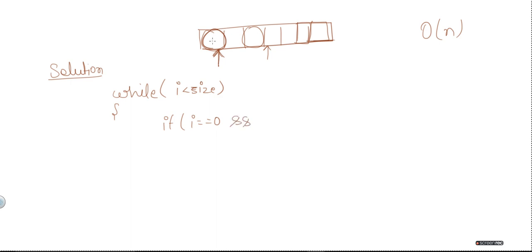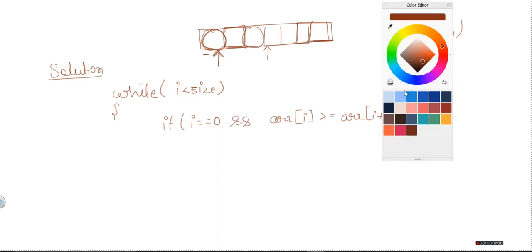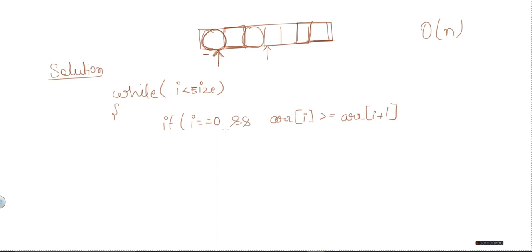I need to check if it is greater than or equal to its neighbor, and it has only one neighbor, right? So I will check if arr[i] is greater than or at least equal to arr[i+1]. If this condition is satisfied, then I just need to return the index, return i. That's it.